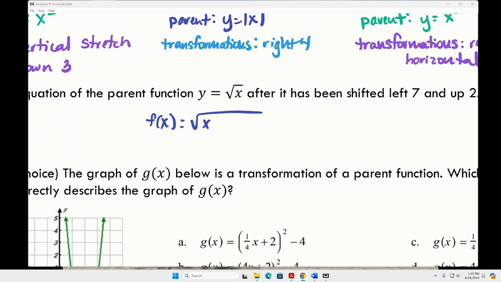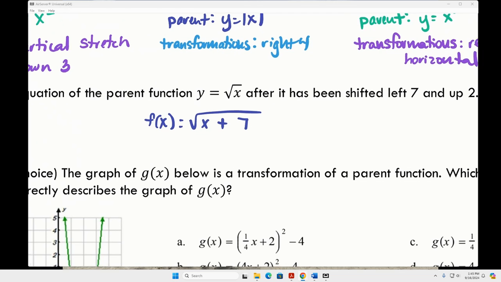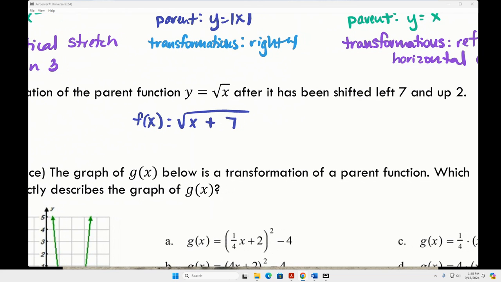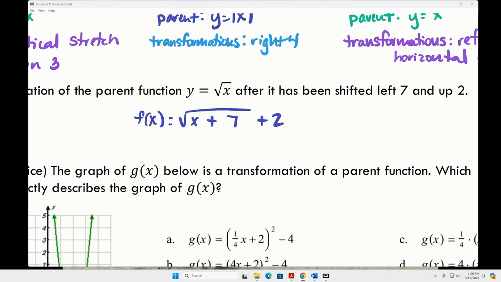We're going to add it inside or outside? Good. All right, up 2, we're going to add it outside. Okay, so this is going to be left 7, and this is going to be up 2.